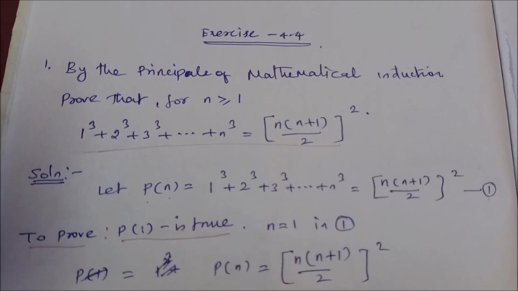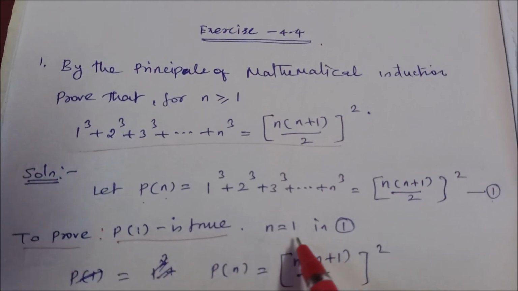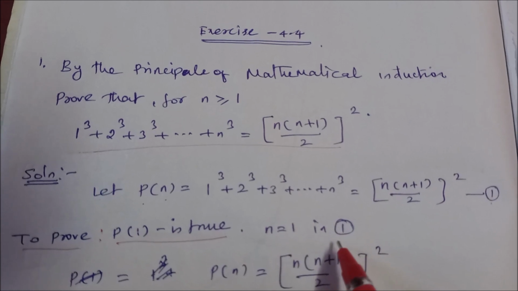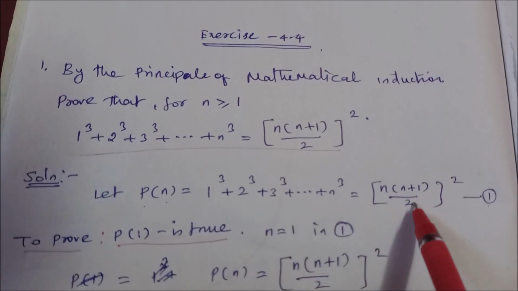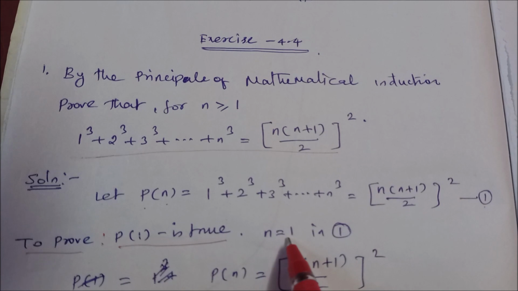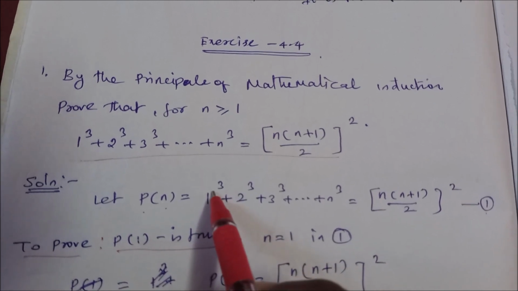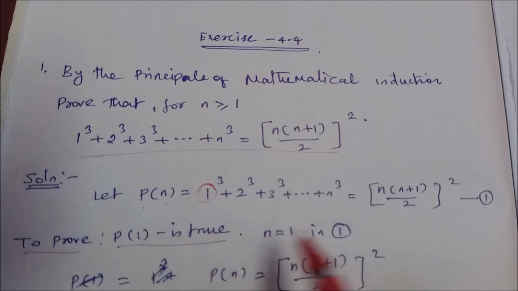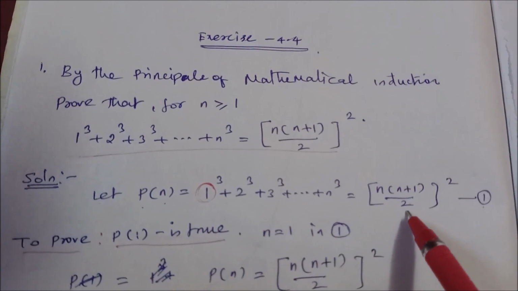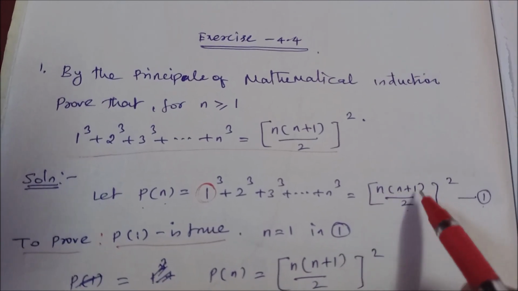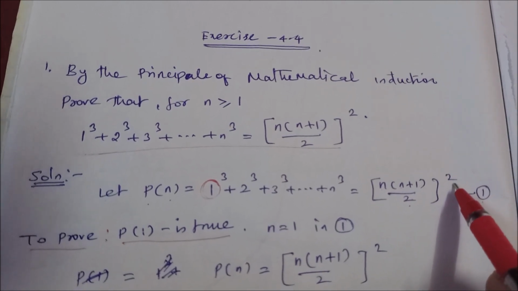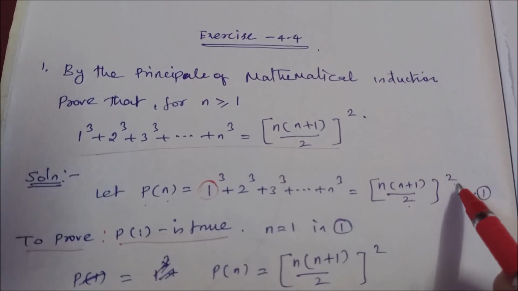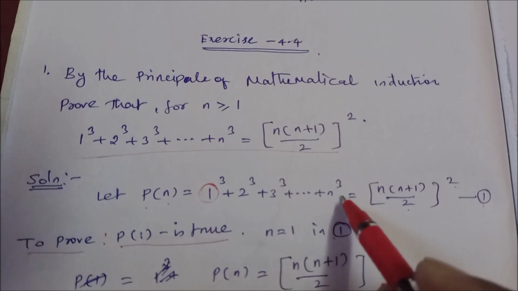P of 1 is true means we replace n by 1 in the LHS and RHS. The LHS first term is 1. For the RHS, n into n plus 1 by 2 whole square, put n equal to 1 in equation 1.